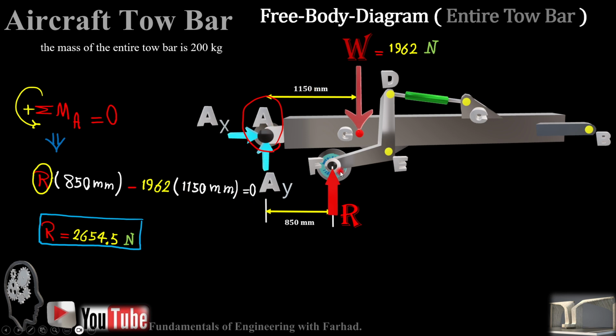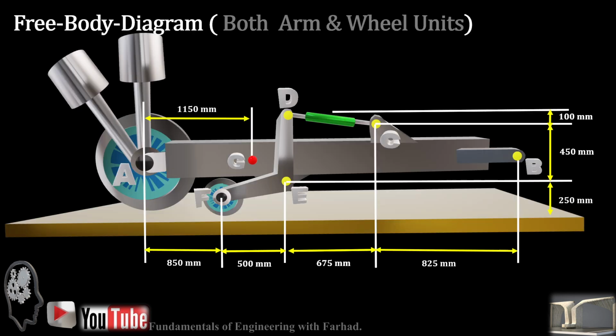There is no other force applied there. Then R is equal to 2654.5 newtons. As soon as we have R, we have all the unknowns in the entire tow bar. Now we need to move to this part, DEF.